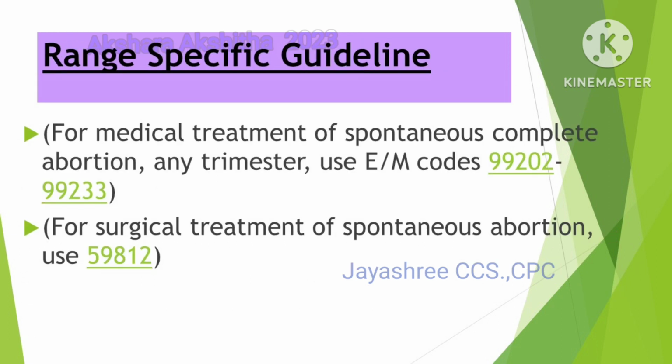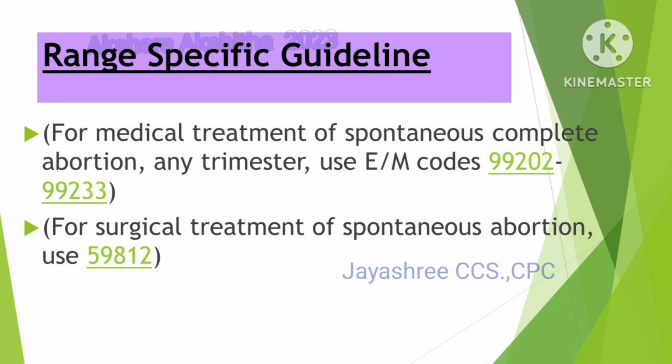As for the specific coding guidelines, if it is a spontaneous complete abortion treated medically, any trimester, we need to use only an E/M code. We don't have any surgical CPT code. If it is a spontaneous abortion treated surgically, the code is 59812.